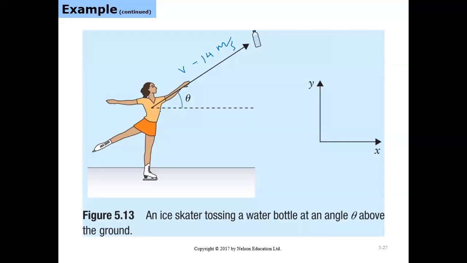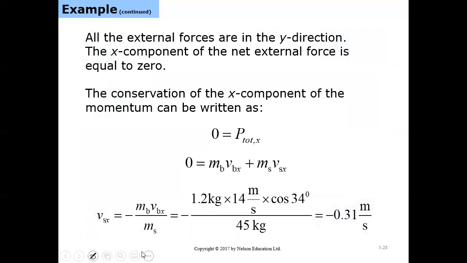So she will have a horizontal velocity, which is 14 cosine theta. Theta is given as 34. Vertical velocity will be 14 sine 34. We are only interested in the x momentum, horizontal momentum, because we can apply the conservation of momentum only in the x direction. So let's see what is done.